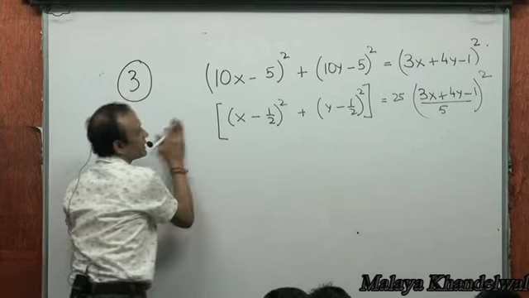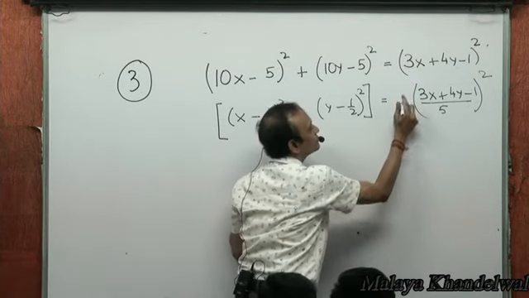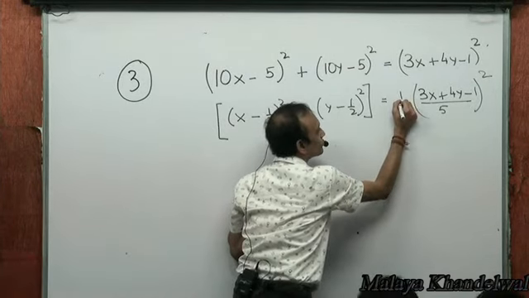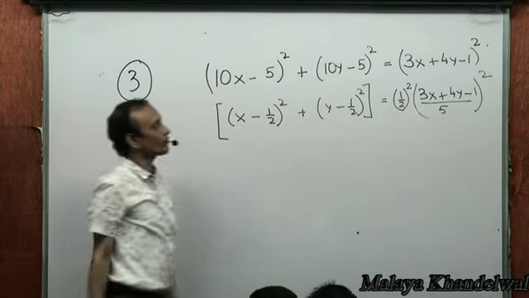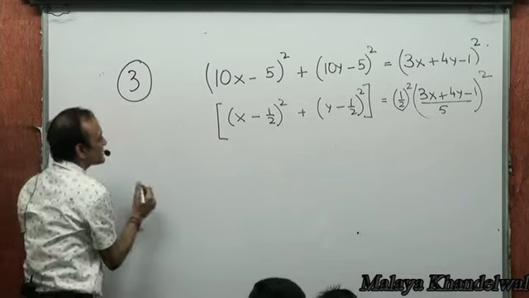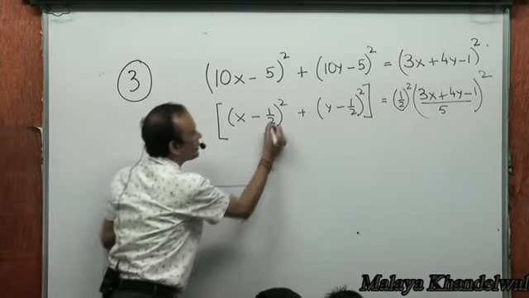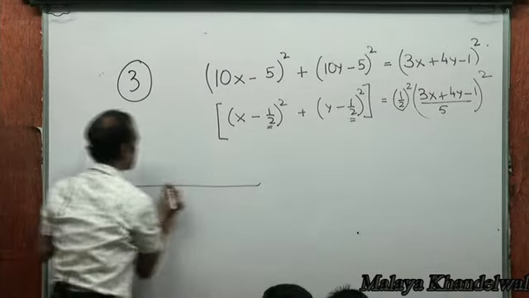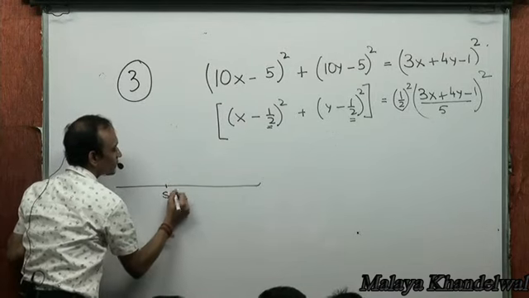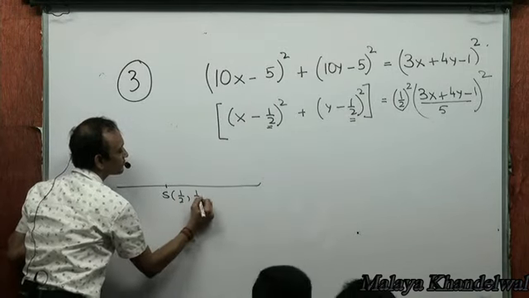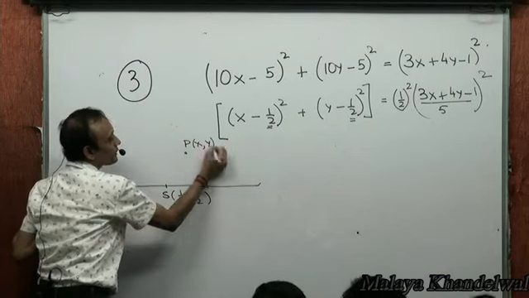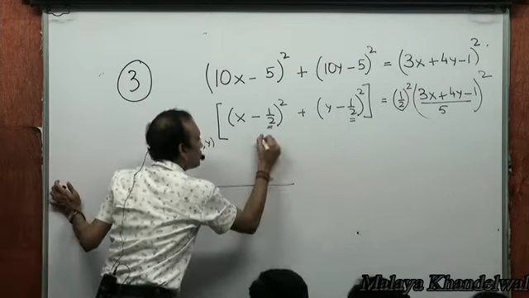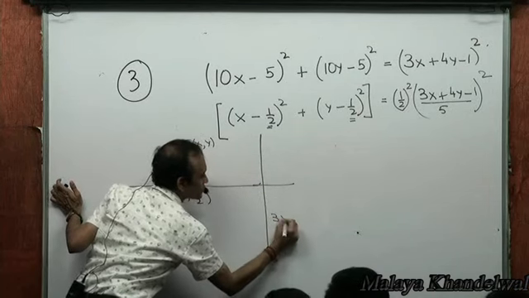And this 100 then I transfer here as 1 by 4. Now what does this mean? It's as if there is a point (half, half), and there is a moving point P (x, y), and there is a line 3x plus 4y minus 1 equal to 0.